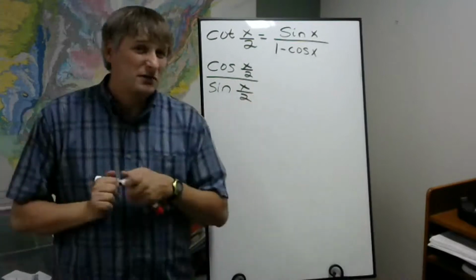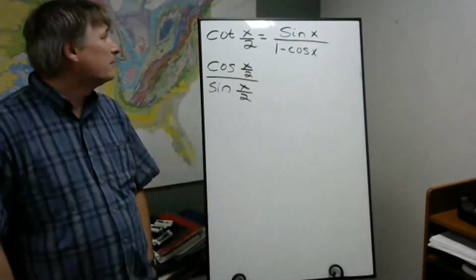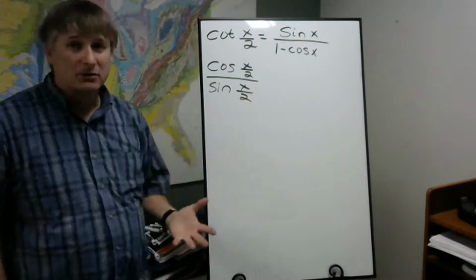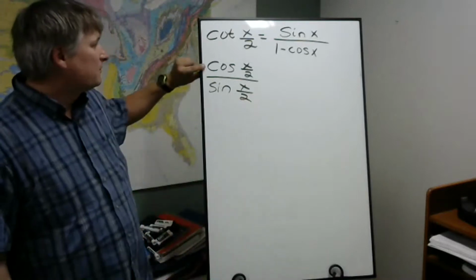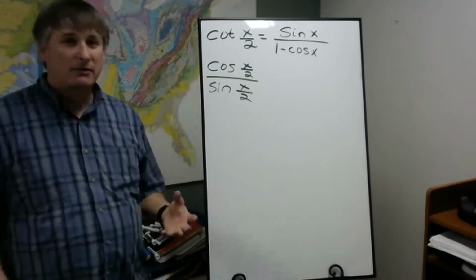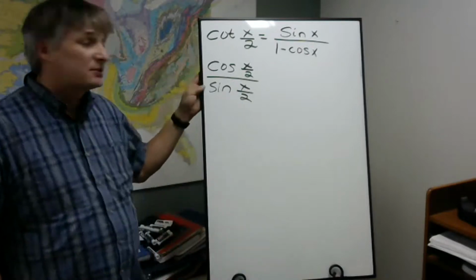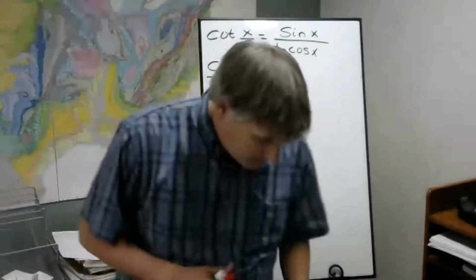The reason I'm going to do this is we don't have a formula for cotangent. That we simply don't have. So I'm going to break it down into formulas we do have. Cosine x over 2, sine x over 2. And let's see if this is going to make a difference.